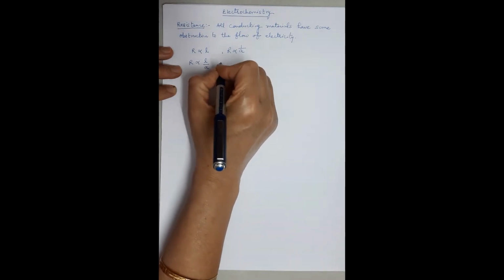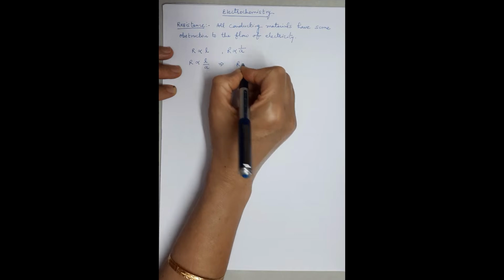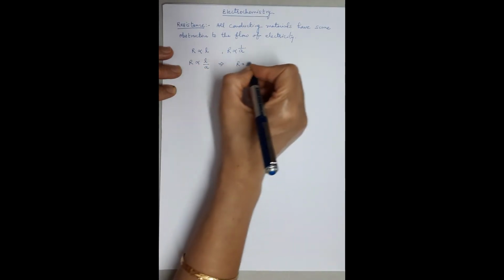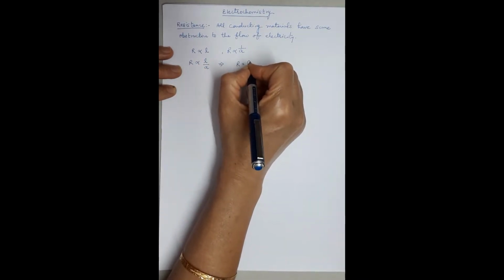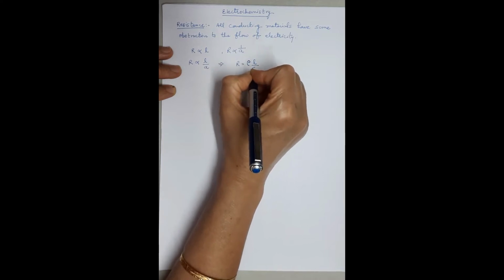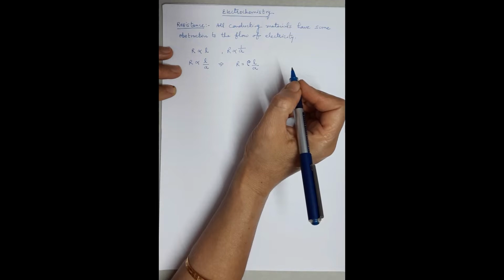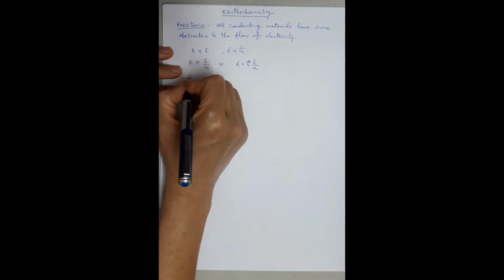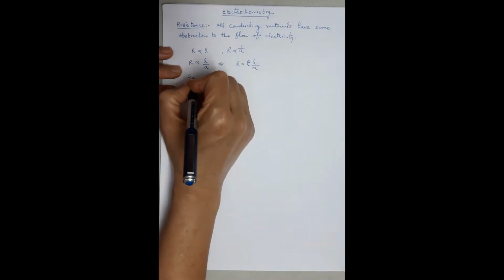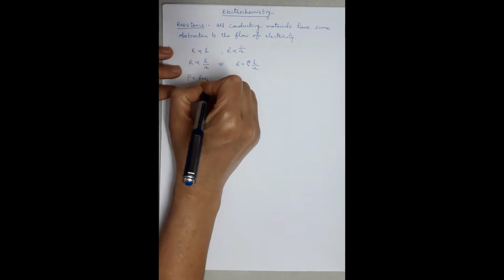This can further be written as R is equal to, when I remove the proportionality sign, then rho comes here. This symbol is called rho. R equals rho L by A. And you know, rho in this case is actually resistivity.